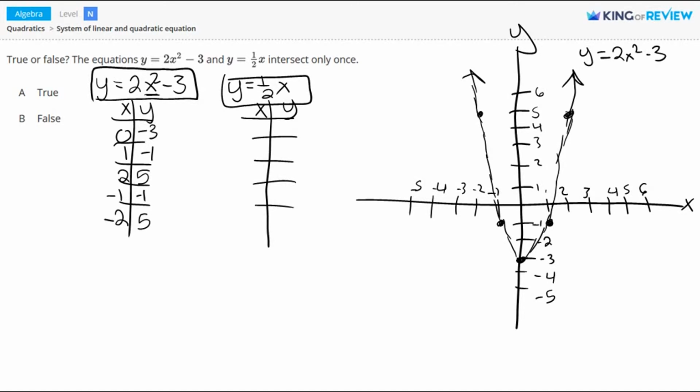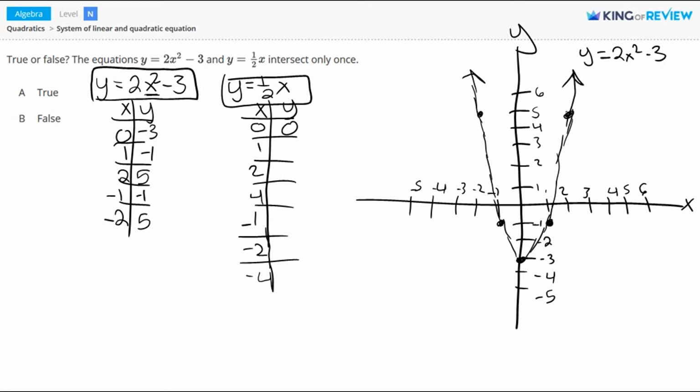I'm going to plug in the x values 0, 1, 2, 4, -1, -2, and -4 into the equation y equals 1/2 x to solve for y. When x is 0, I have y equals 1/2 times 0, which is 0.